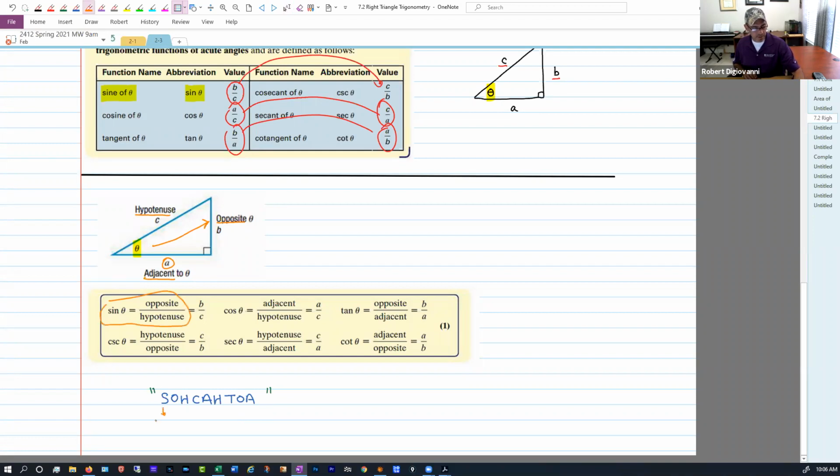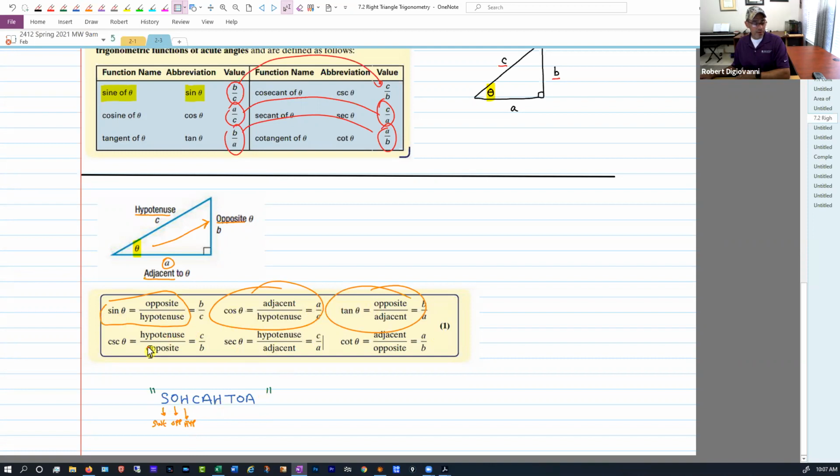All right, SOHCAHTOA. So all this is a cute way of remembering this right here. Sine is opposite over hypotenuse. See how that works? The next one is cosine is adjacent over hypotenuse. And then tangent is opposite over adjacent. That's exactly these three.